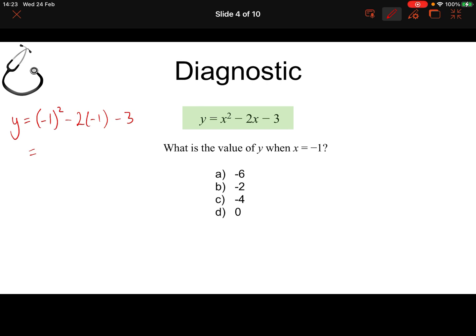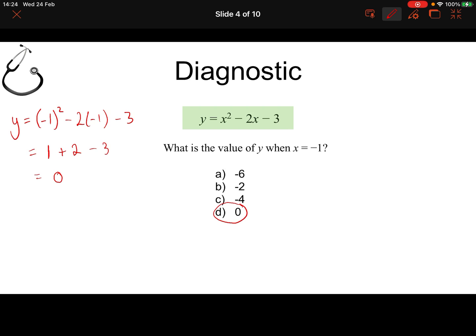So that's -1 squared, which means -1 times -1, which is +1. Then we've got 2 times -1 is -2. So we're doing minus -2 becomes a +2. And then -3. So that is equal to 0. So when x is -1, y is 0.